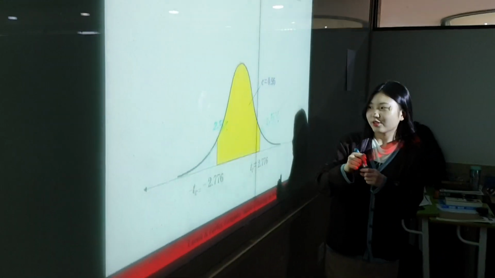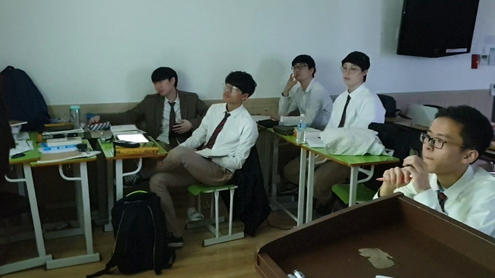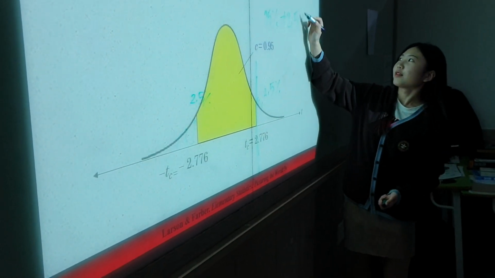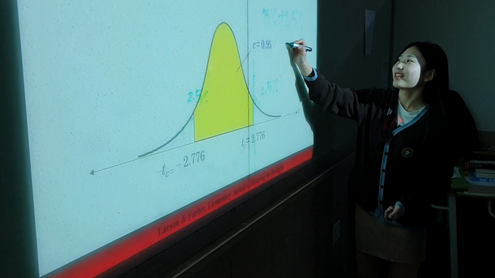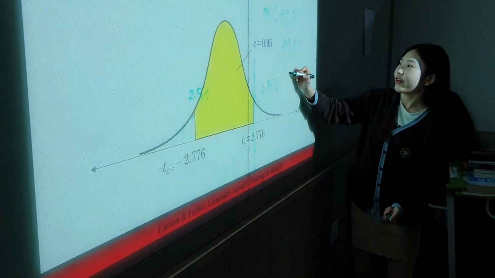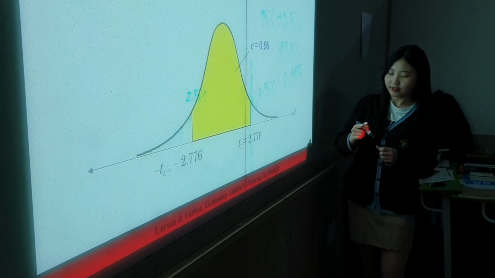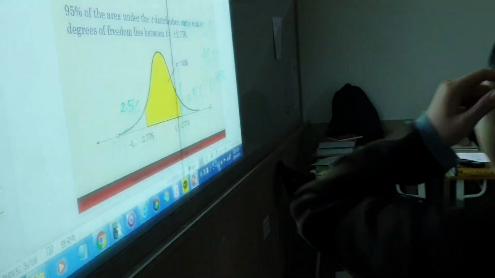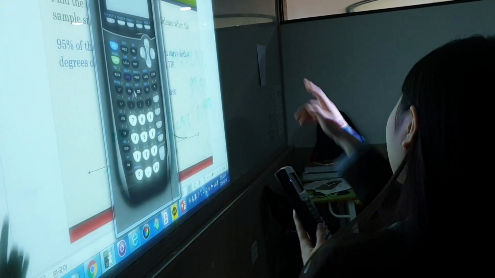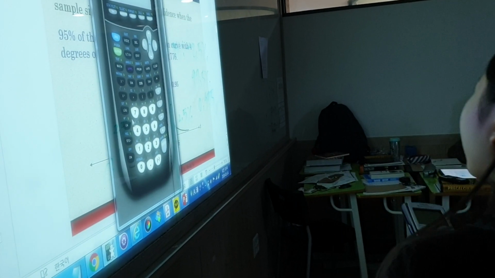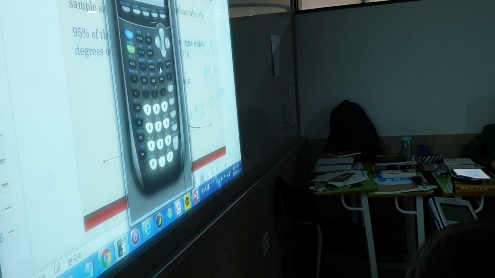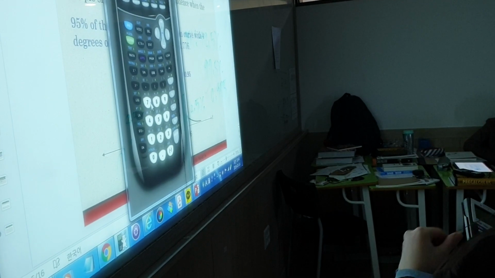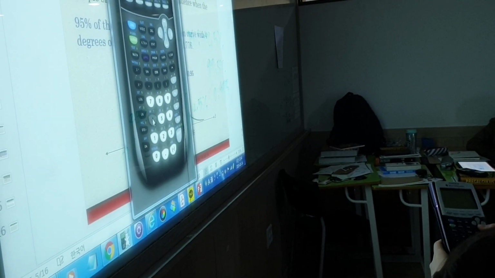So here is 95% plus 2.5%. In the calculator, in this case, you should use inverse t, with 0.975, and degrees of freedom is 4.